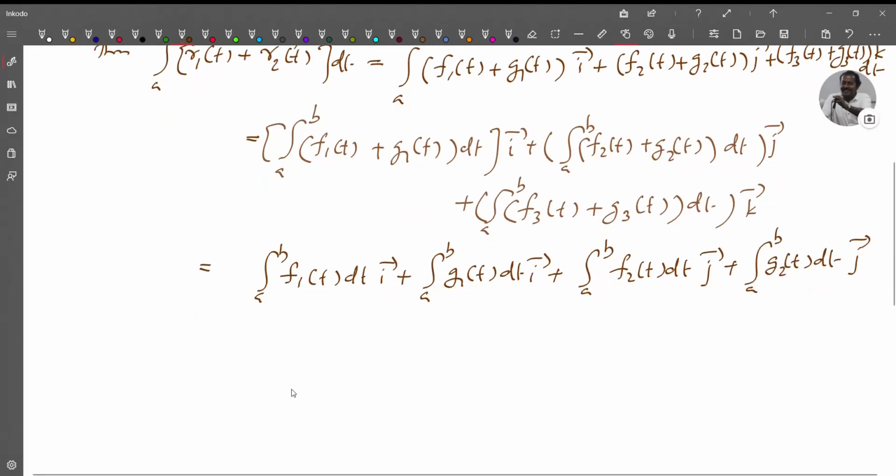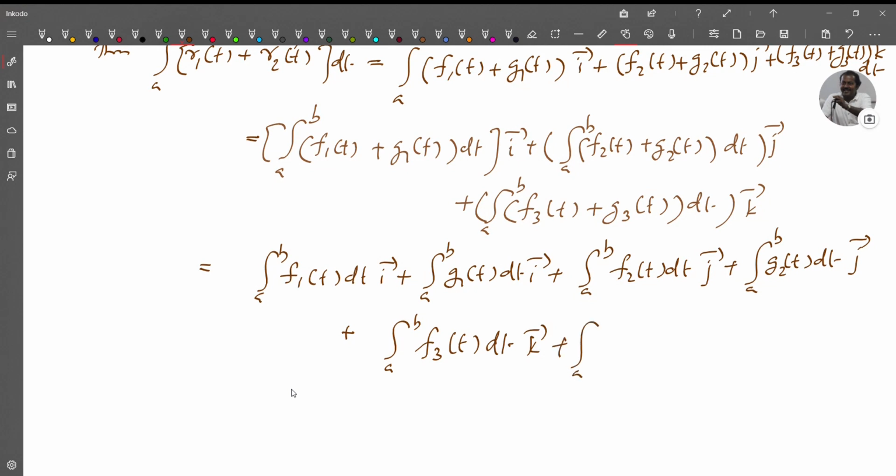plus integral a to b f3 of t dt k plus integral a to b g3 of t dt k.